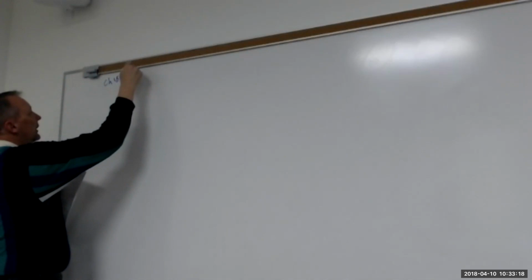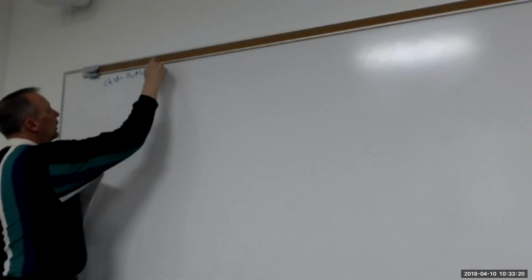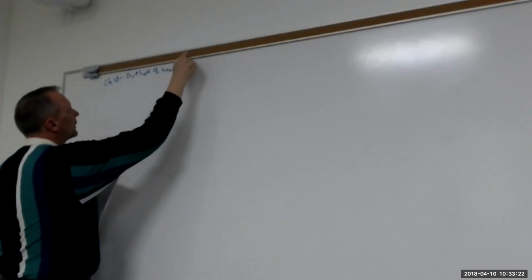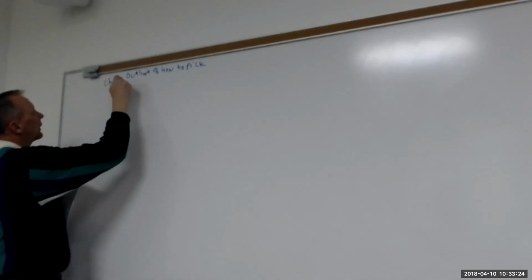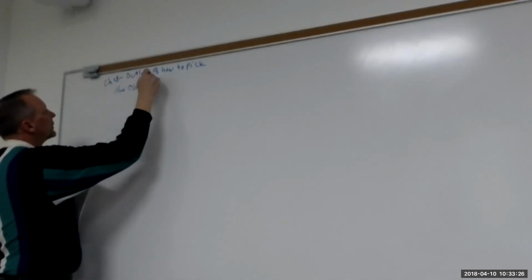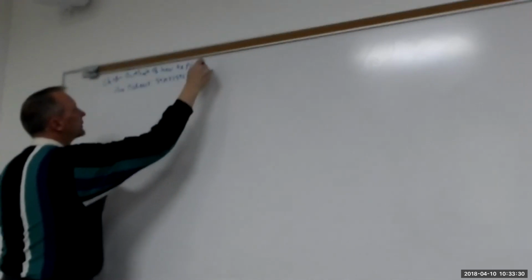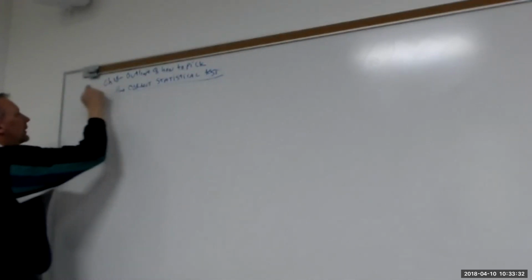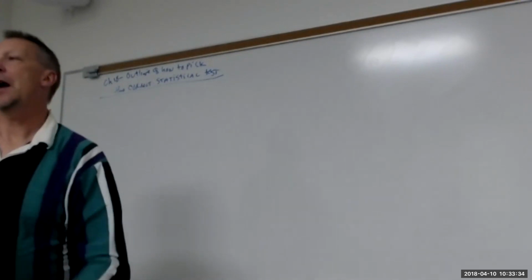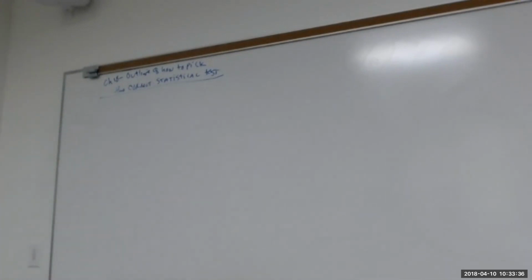All right, so chapter 18 is an outline of how to pick the correct statistical test. Having said that, the rules that I'm going to give you today apply to confidence intervals as well.